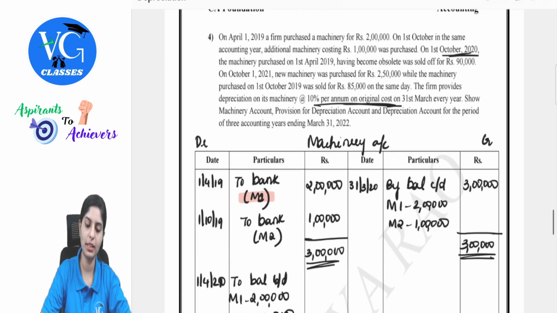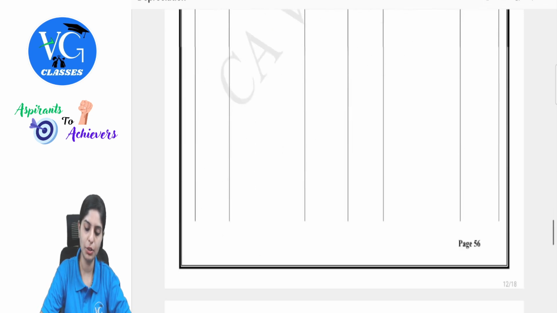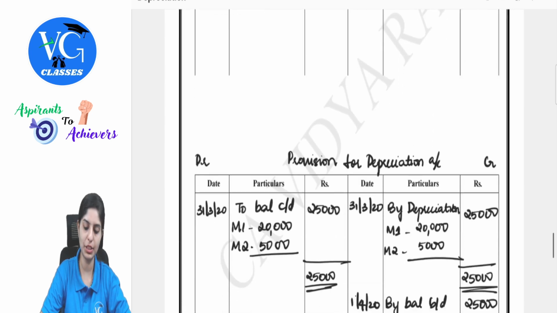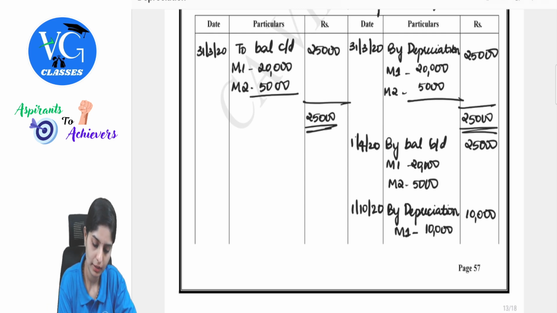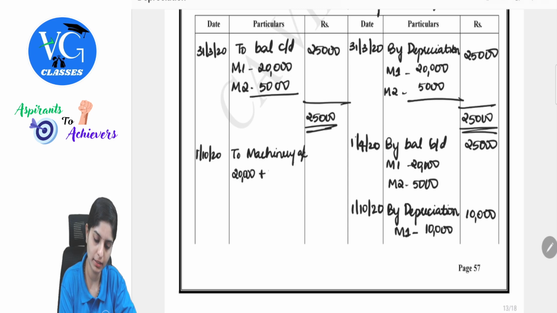Now remember, when there is provision for depreciation used, we need to remove all the balances which are getting accumulated when the asset is getting sold. So we have taken the depreciation till the year of sale. So 1st October 20, to machinery account. On M1 we had given 20,000 plus 10,000 now.